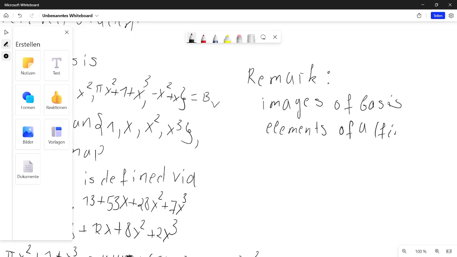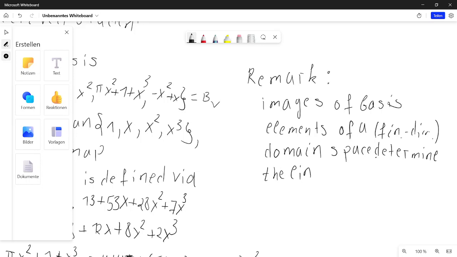finite dimensional domain space, that is the space from where the linear map goes, determine the linear map completely.